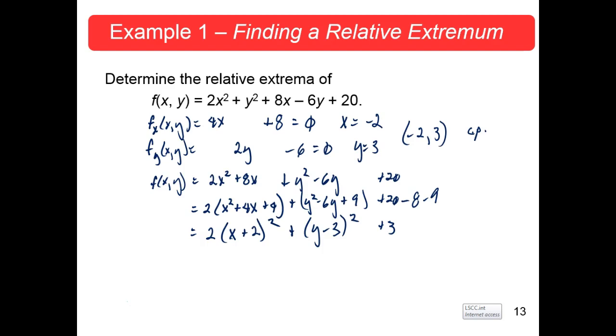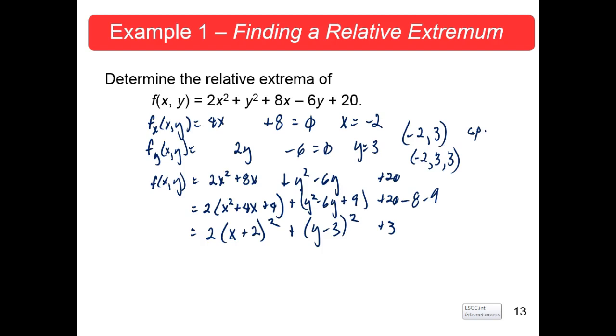Pick other points around there. Any point you want to pick there, and you're always going to come out with something greater than 3, because this has a value of 3 at that point. This is your critical value, but when you plug that in here, you get negative 2, 3, 3. Any other point anywhere around there, negative 1, 3, you get something greater than 3.